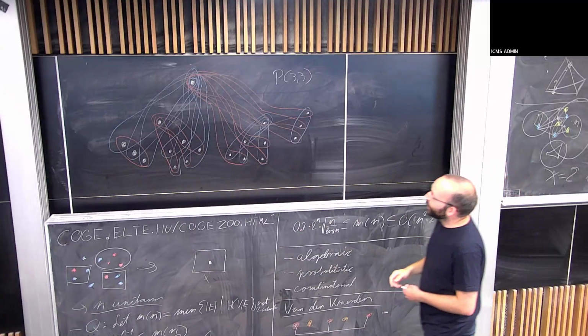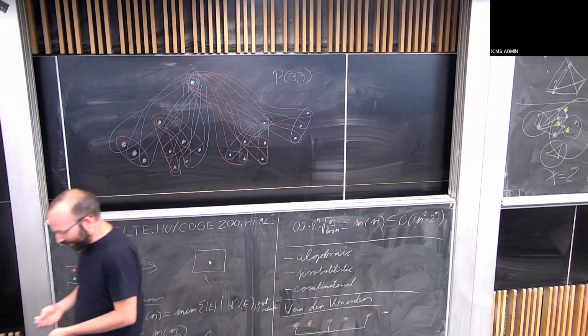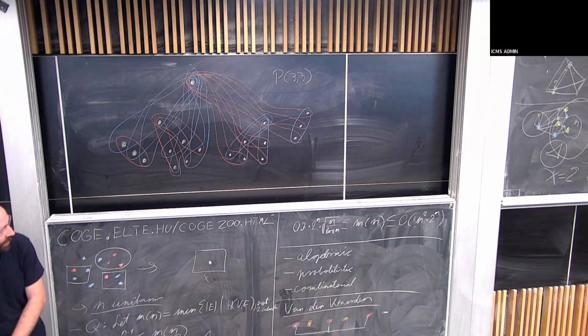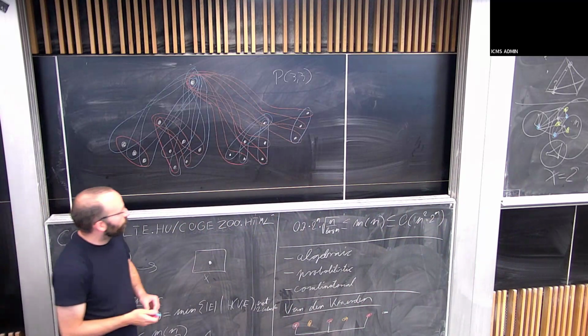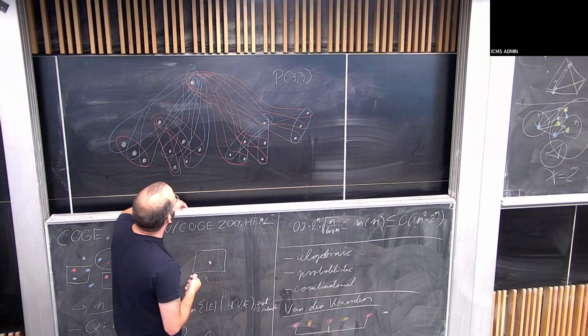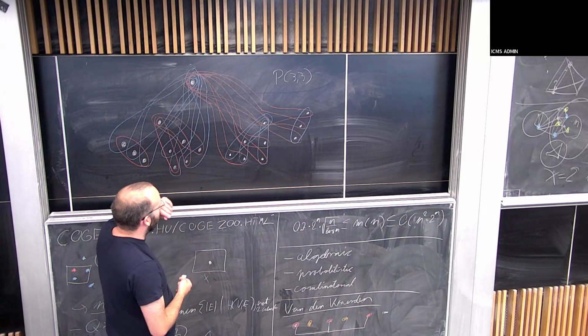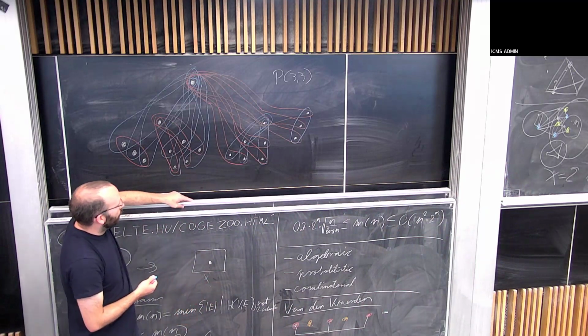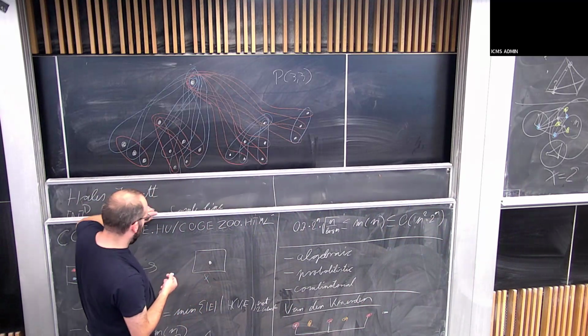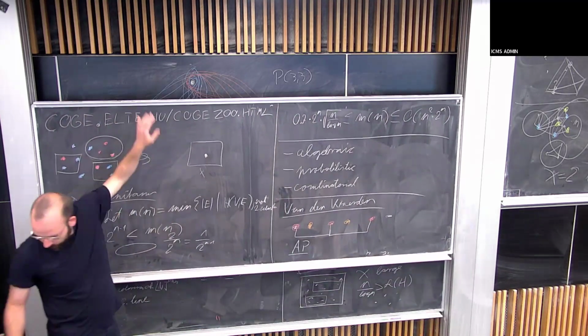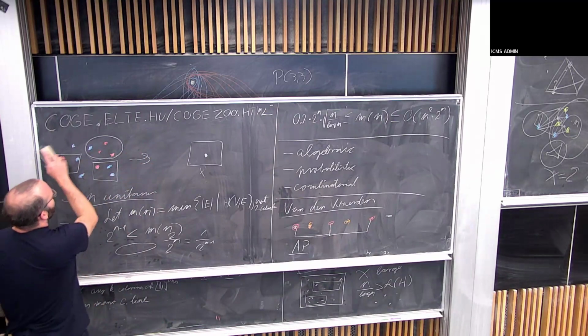How is this hypergraph constructed? So I want to create a hypergraph with a nicer property.